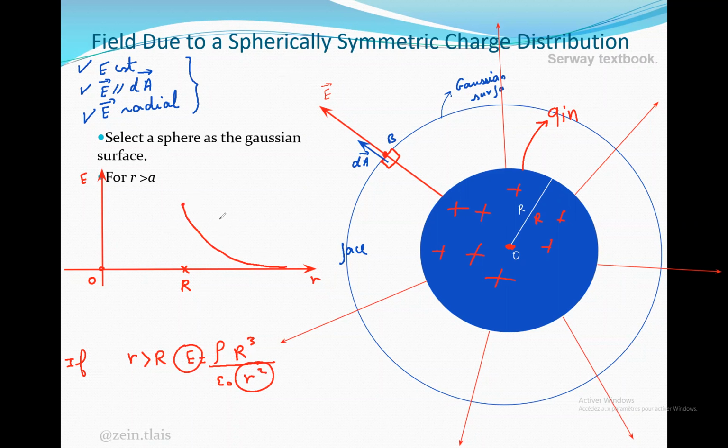The value of E equals rho r cube divided by epsilon 0 r square. We can use this formula for any point of r greater than the sphere. Maybe we can find it here or here or here. All these points exist at a position out of the sphere.